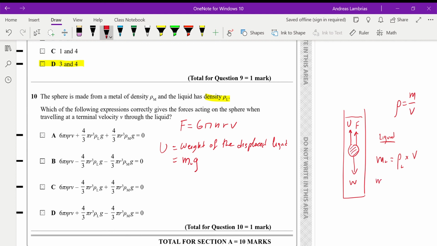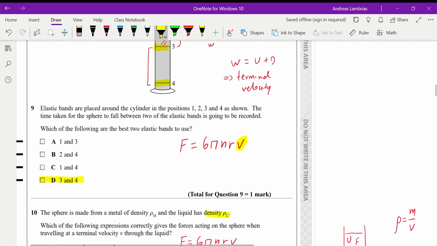The volume of the displaced liquid will be the volume of the sphere. We know that the mathematical formula to calculate the volume of the sphere is 4 over 3 pi r cubed, which is also taken as a known fact.